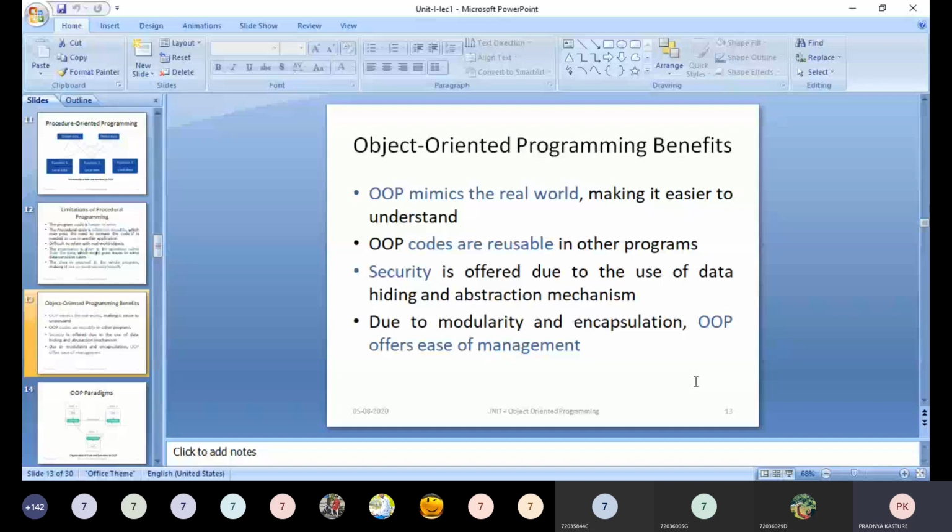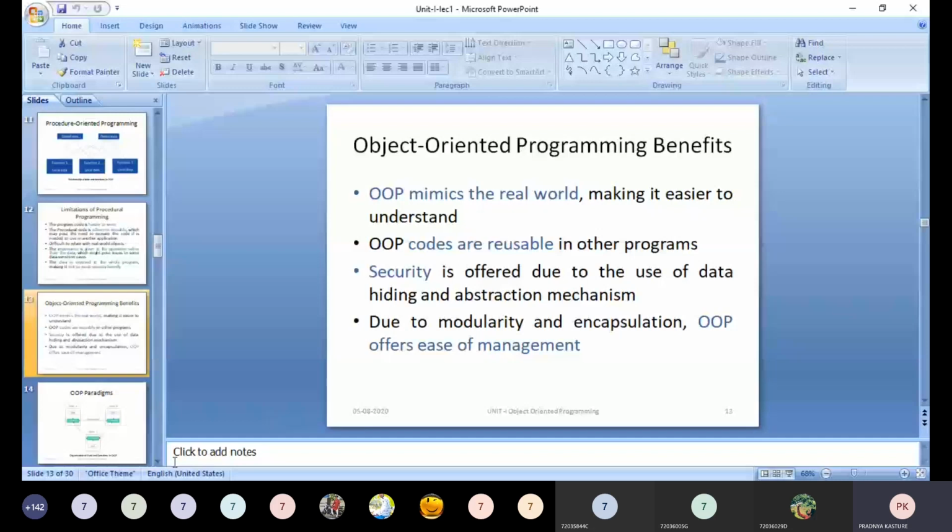Features like data hiding and abstraction can be used for security purposes. Similarly, modularity and encapsulation make management easier. All these benefits make OOP languages more famous and useful than the earlier procedural languages.